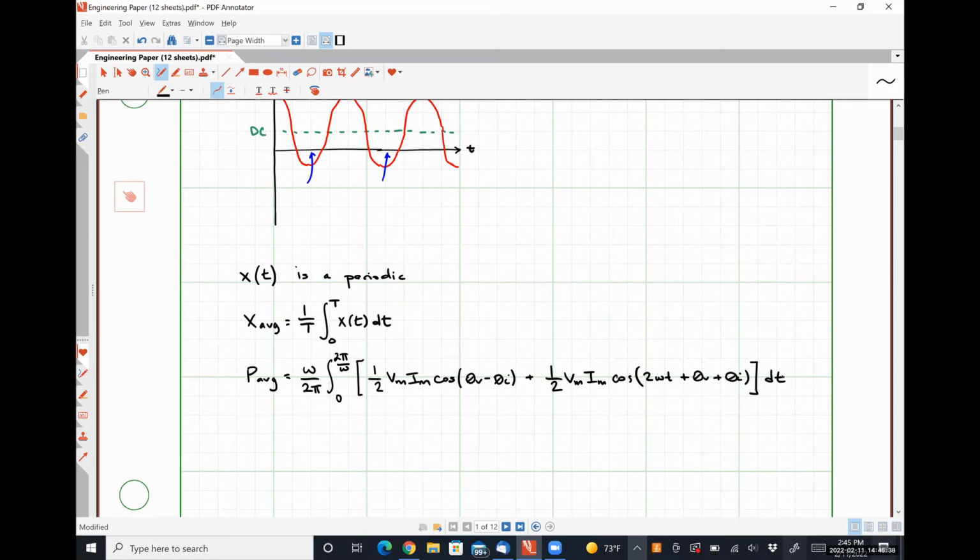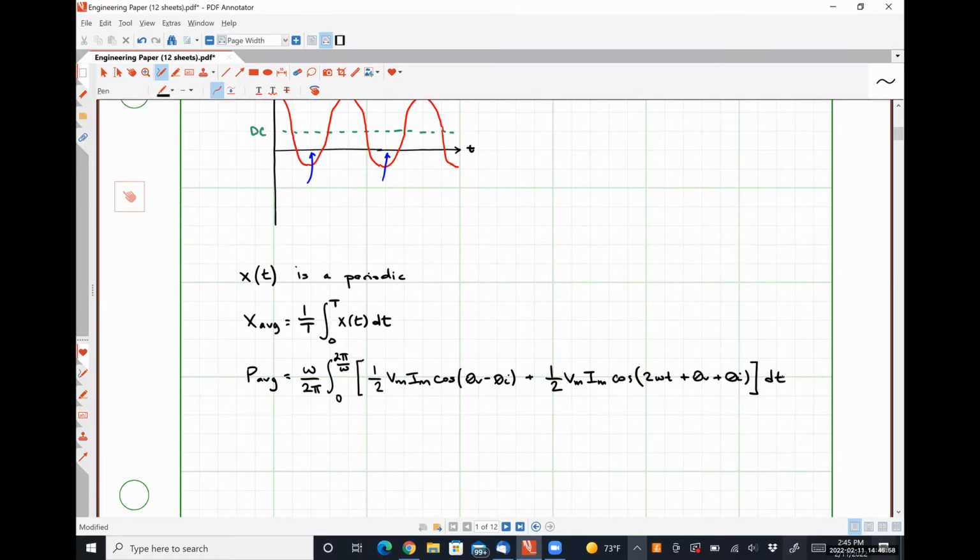So I mentioned previously that the quantity 1/2 Vm Im cosine(theta v minus theta I) is a constant because all of the parts that make up that are constant values.